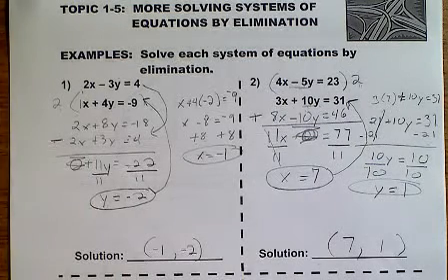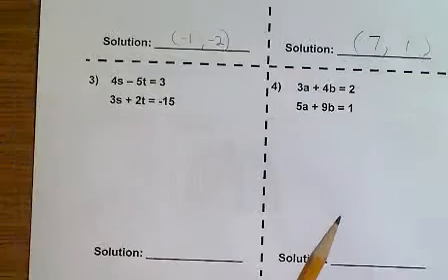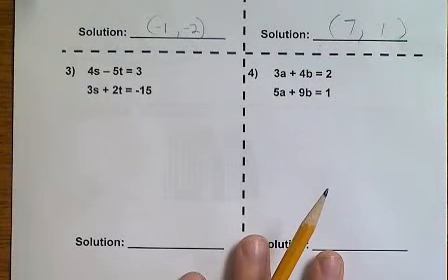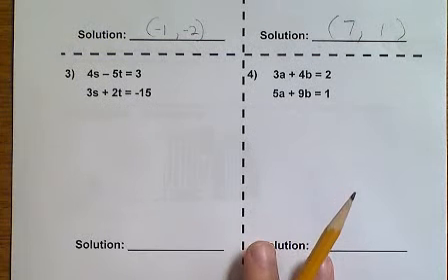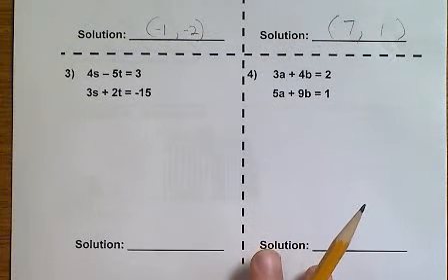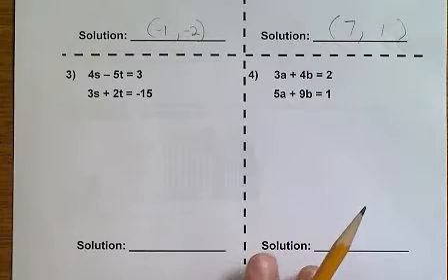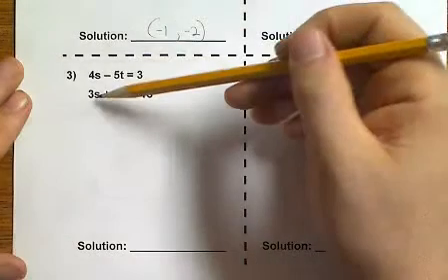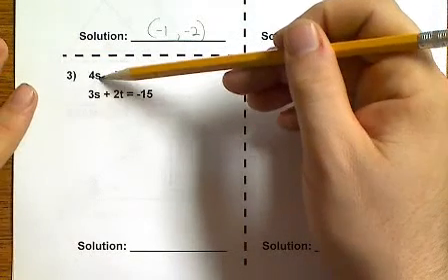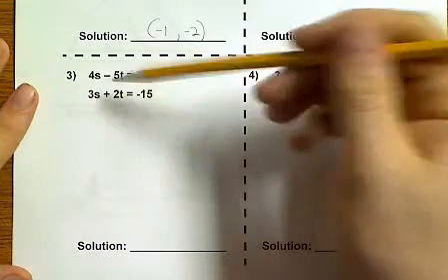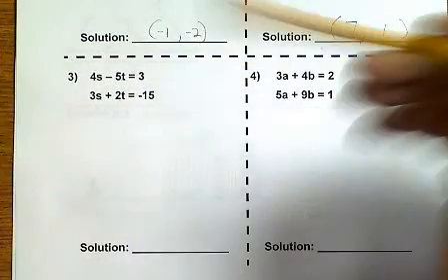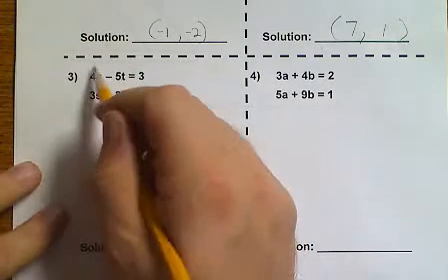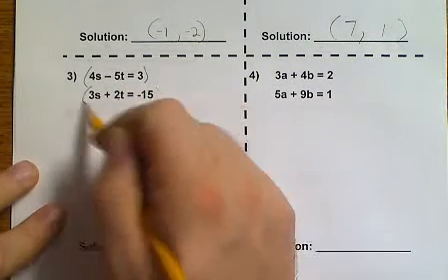Let's go ahead and take a look at number 3. Now, on number 3, I look at this, and nothing times 3 will give me 4. And nothing times 2 will give me 5. So this means I'm going to need to multiply both equations.